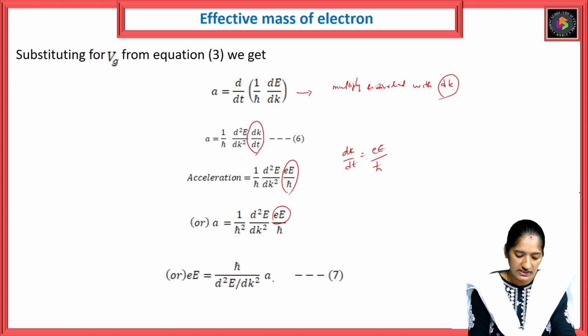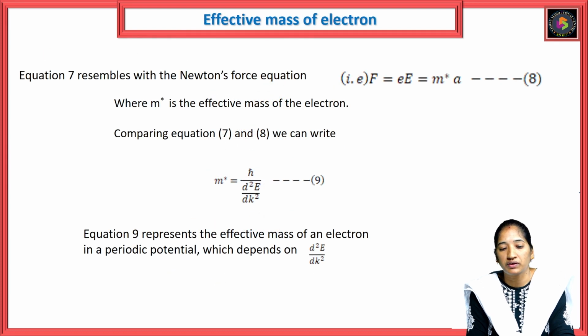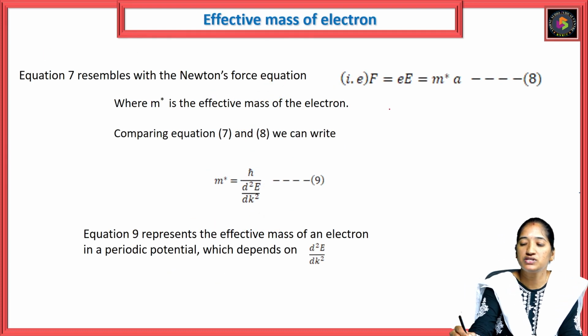So this equation 7 we have to compare with Newton's force equation, that is F is equal to ma. Here it is the effective mass of the electron, so that's why we write m star a.